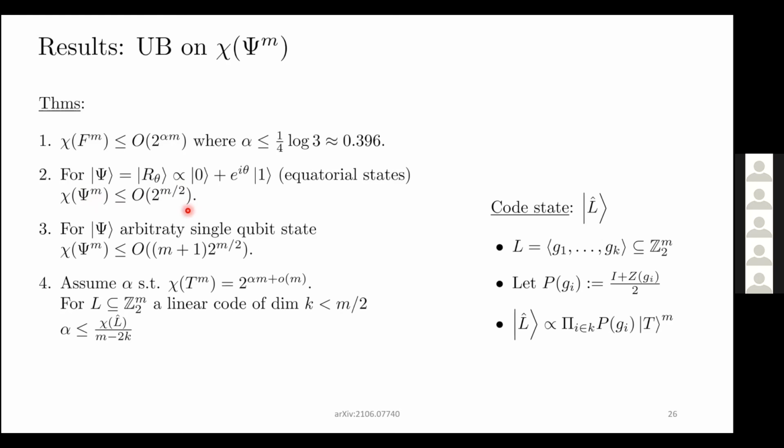So in general, you could show that for an arbitrary m qubit state, the stabilizer rank must be 2 to the m, because you could just do a simple counting argument to show that. That's what I said initially, I think. Earlier on.